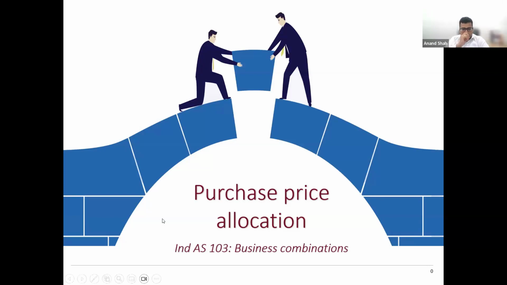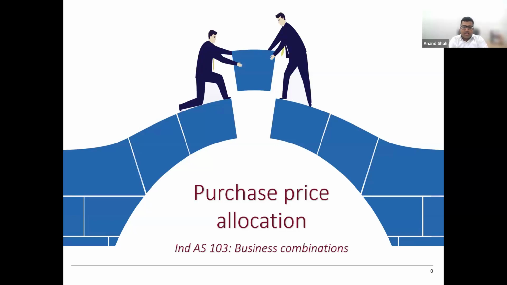So, as the name purchase price allocation suggests, it's essentially an exercise that allocates the amount that is being paid, or has been paid, to acquire a business into various assets, tangible and intangible, that have been acquired in the course of a transaction.